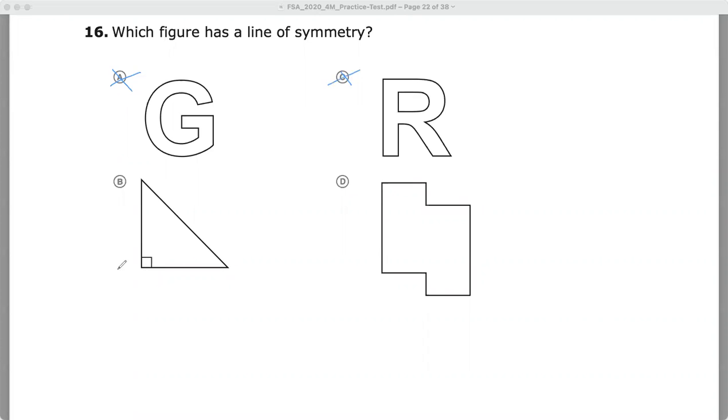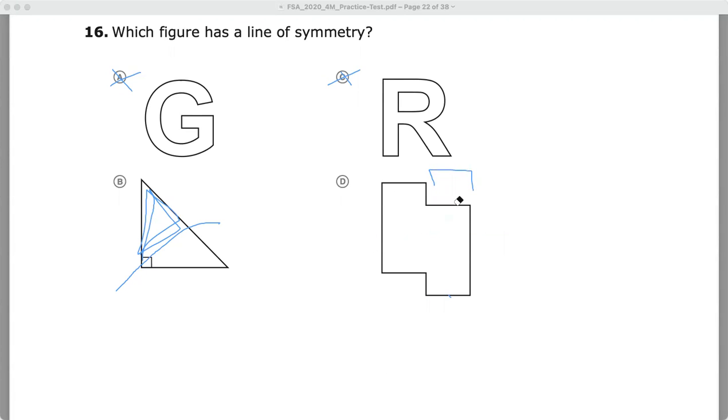This triangle here, if you put a straight line through, you could fold it in half and have it be the same on the other side. So B would be the correct answer. This one, if you put a line through the middle, this bottom portion would jut up too high.